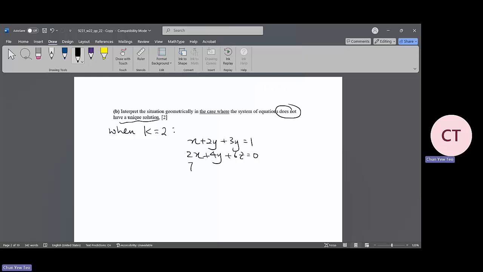So it's 7x plus 8y plus 9z equal to 3. You can observe that these two equations are actually quite similar. So what you can do is take this equation, I call this equation 1.